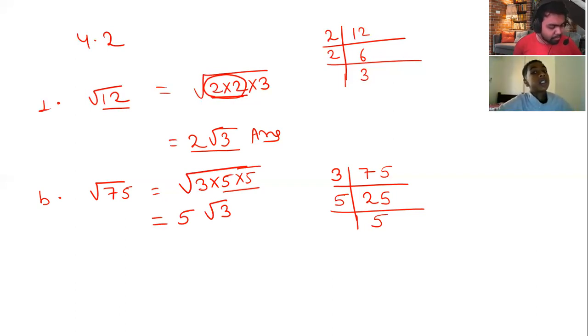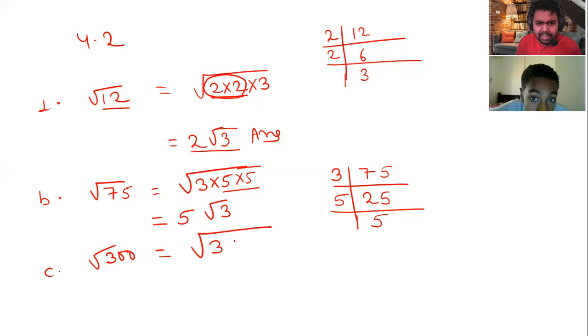See, 300. 300 can be divided by the small prime number 3. Okay, we have root 300. Actually, it's very easy: 100. Can I write it like that, 3 times 100?